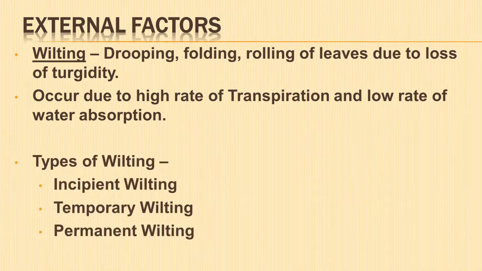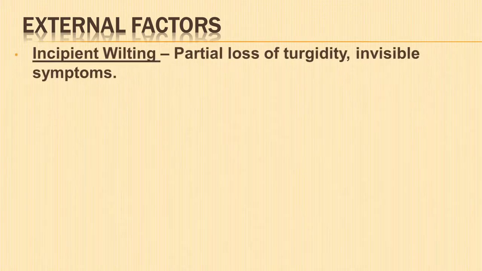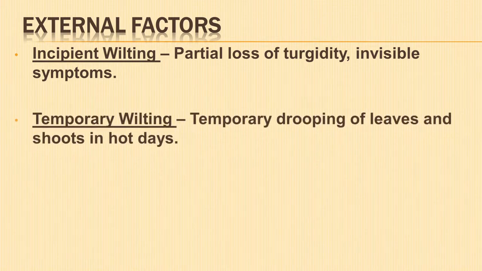The different types of wilting are incipient wilting, temporary wilting, and permanent wilting. Incipient wilting. In incipient wilting, there is partial loss of turgidity in the plant cell, but the symptoms are invisible.